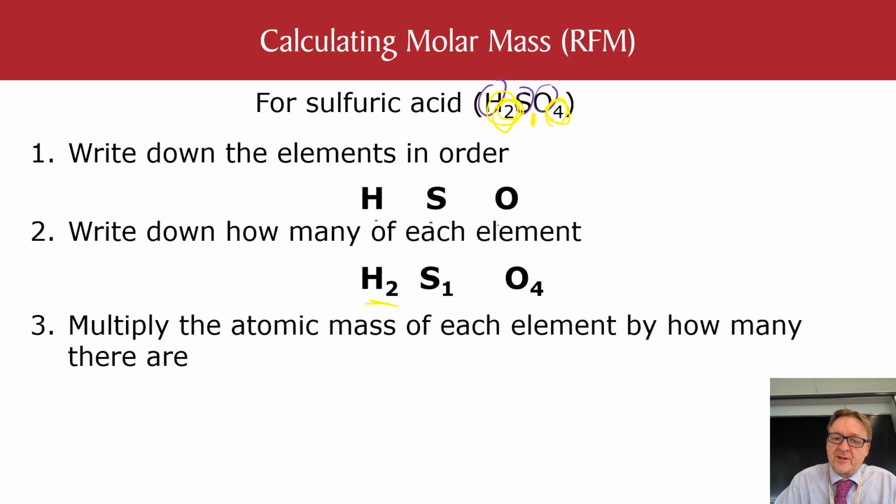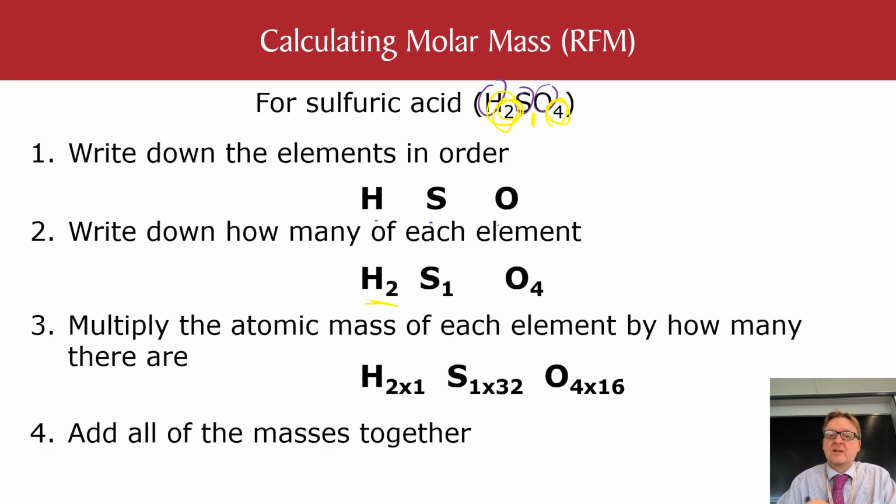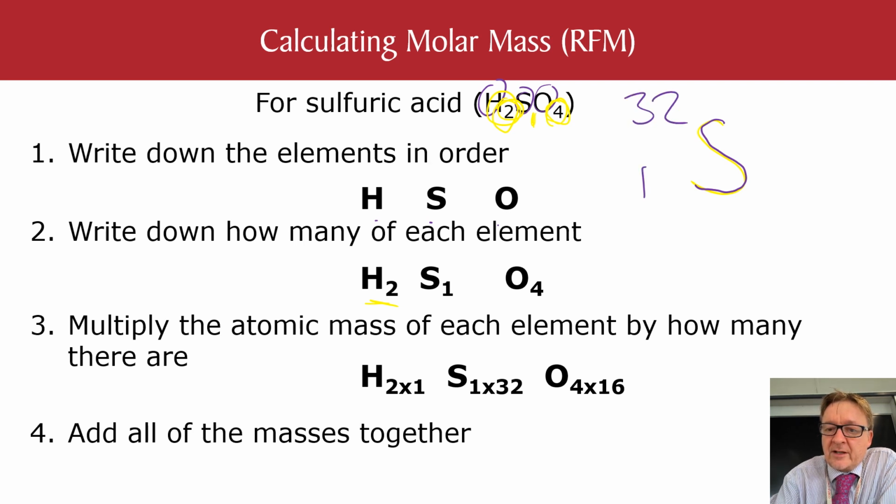Then you multiply the atomic mass of each element by how many there are. If I go to sulfur, the big number is 32, and the small number is 16. What you do is multiply the big number by the number of atoms there are. So for sulfur, I would do 1 times 32.